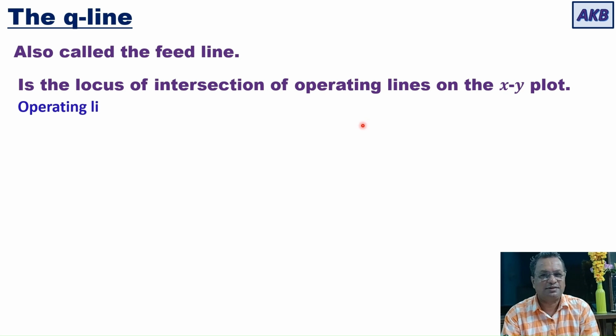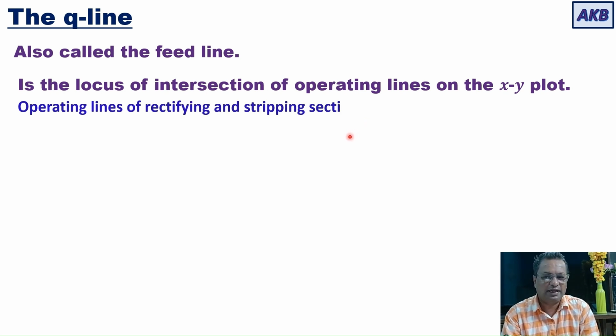Operating lines, by that I mean operating lines for the rectifying section and the stripping section. When these operating lines are plotted on the XY plot, they will intersect with each other. And as their slope changes, the intersection point will change its position. So this locus of the intersection point is nothing but the feed line or the Q line.